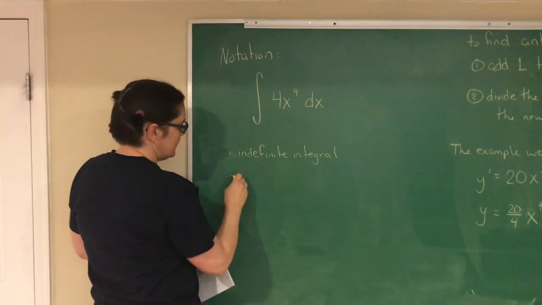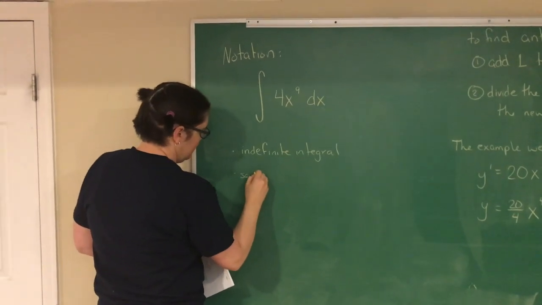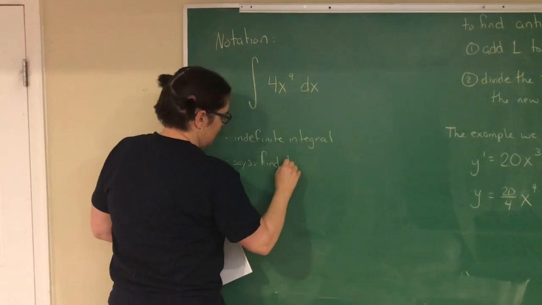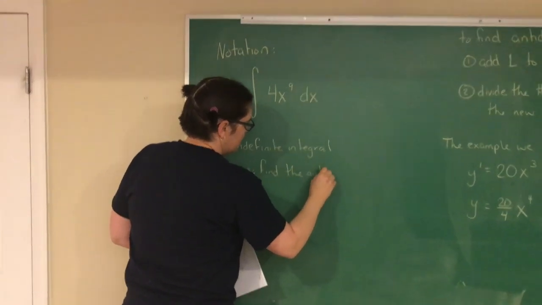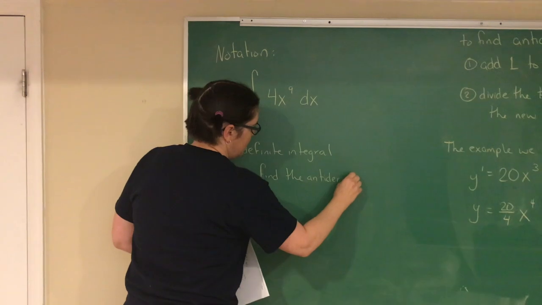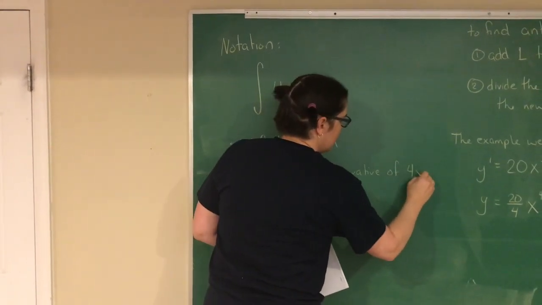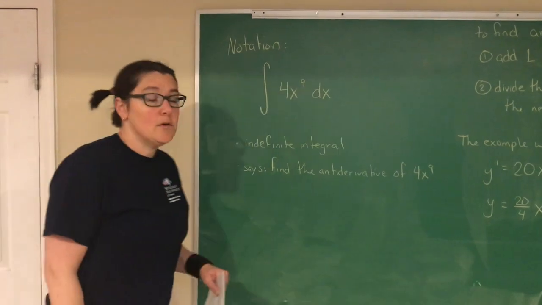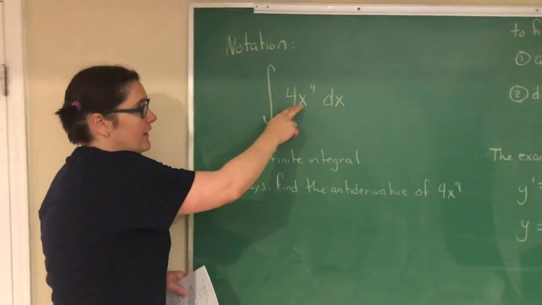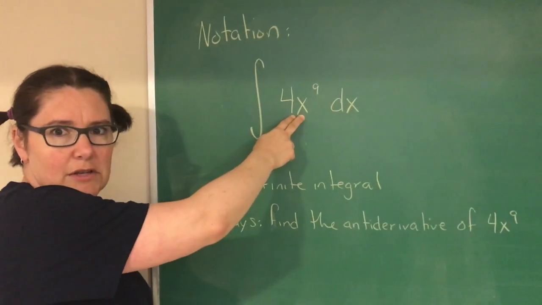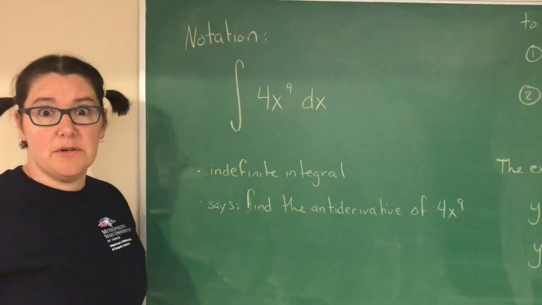And this notation says, find the antiderivative of 4x to the 9th. Or in other words, we can think of this formula in the middle as the derivative, and we want to find the original function.